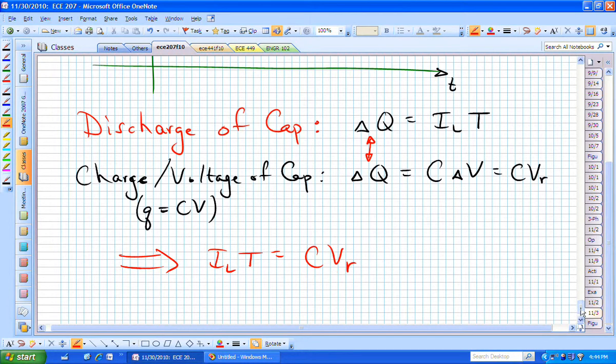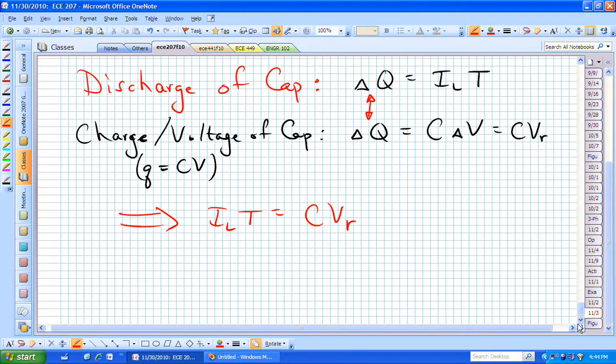If we know what current we want the load to support, I sub L, and we know our time interval, or our period, capital T, and we know how much we want our voltage to fluctuate, we can solve for the capacitor that will provide that relationship between those currents, time, and voltage. So C is now equal to I sub L T over V sub R. That's equation 1010, and you may need to use that in one of your homework problems.